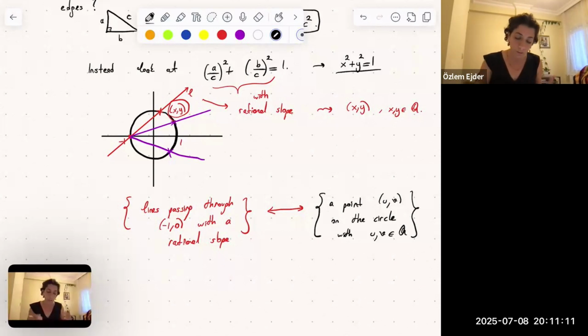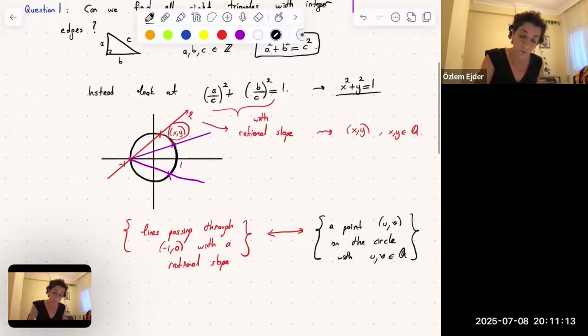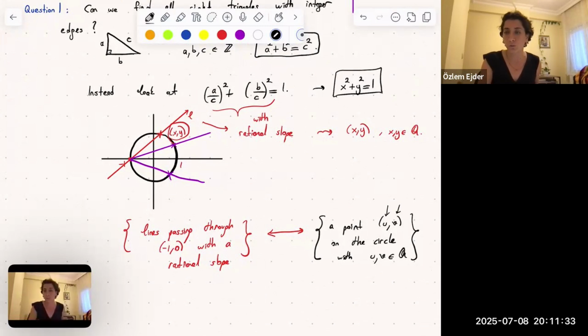So in general, when I look at an equation, in this case a circle equation given by x squared plus y squared equals 1, this equation has two unknowns, x and y, and the coefficients of the polynomial defining it are in Q, so they're rational. Since I'm looking at solutions with coordinates in Q, I'm going to call them rational solutions.